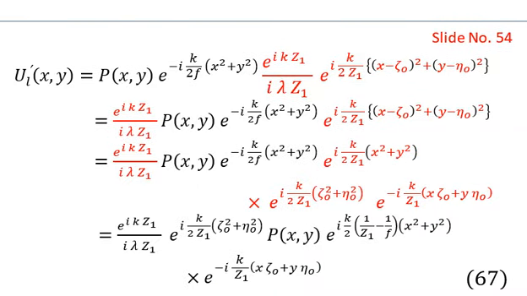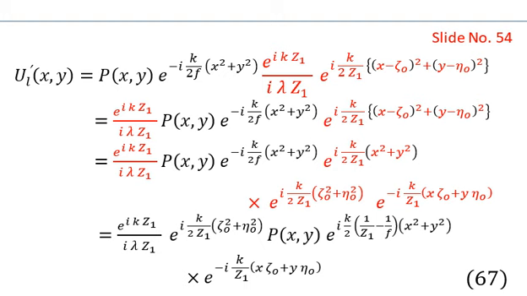So you see that this is the expression that we have shown, and you know that we have combined these terms. For example, if you look at this one, we have combined some terms in the integral. For example, e to the power iota k over 2 multiplied within the parenthesis 1 over z1 minus 1 over f multiplied by x square plus y square.